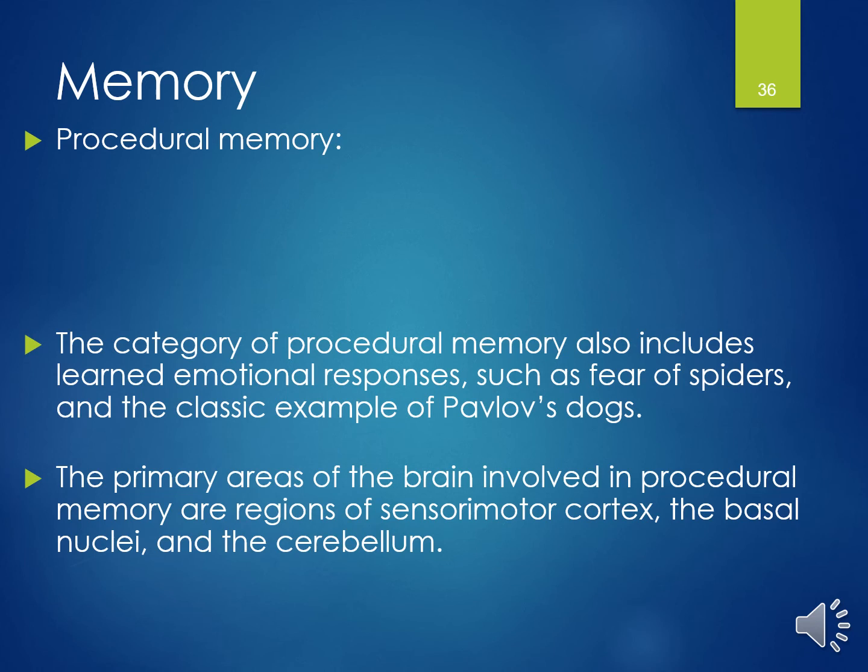So a category of procedural memory also includes learned emotional responses, such as fear of spiders. Again, you were not born afraid of spiders. Okay, fear is not something that you're born with; it's something that you learn. So maybe you saw your mom jump and she was scared of a spider, so you learned that that's the appropriate response to the spider.